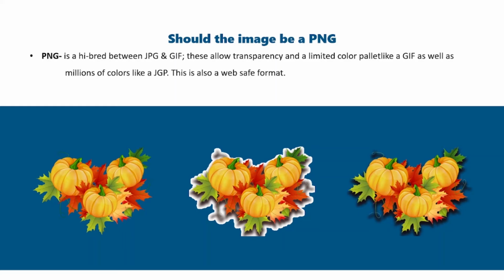If we step up to the PNG 24s, you can actually see that that drop shadow is rendered with a lot of detail and it looks just fantastic. So if you want the transparency, you want the millions of colors like a JPEG, or the limited color palette like a GIF with transparencies and effects, you might want to go ahead and begin considering using the PNGs.